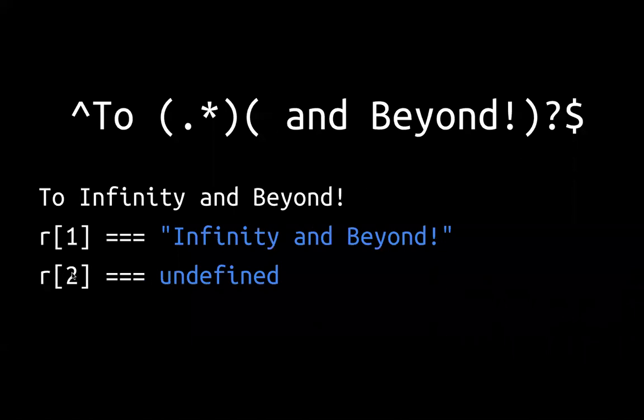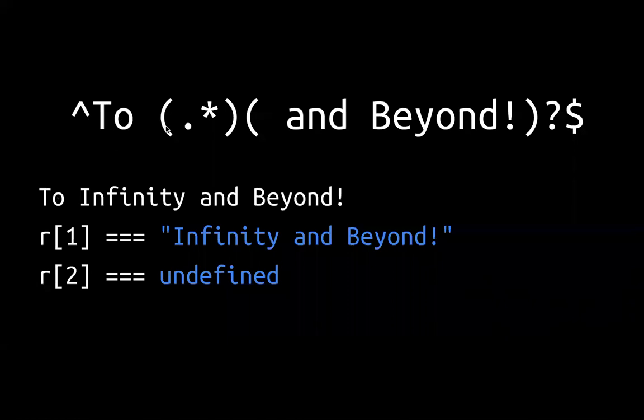If I look at the third element in my match results array, r sub 2, it's just going to be undefined. And the reason for that is that regular expressions are greedy. So when I say dot star here, if you think of the little finite state machine that's chunking through the input, it's working through my string. It's going to start out and say, okay, I need a start of a string. Oh, great, I got one. Now I need a T. Great, I got one of those too. I need an O. I got an O. I need a 0.